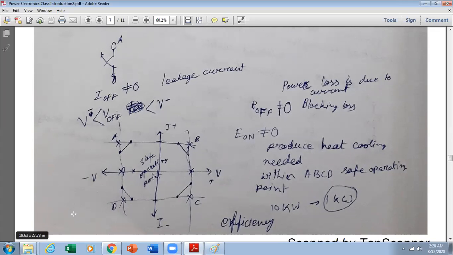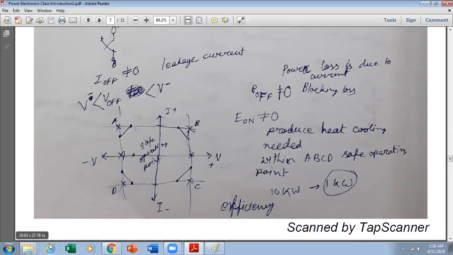So now if I want to know what is the safe operating region of my practical switch, how will we describe that?